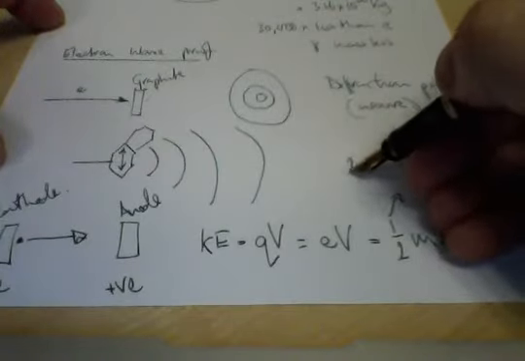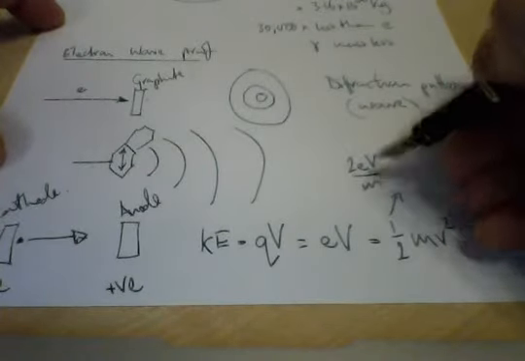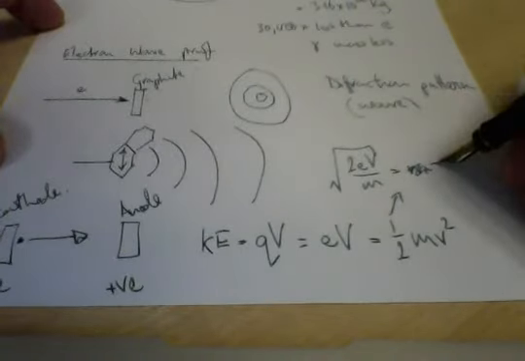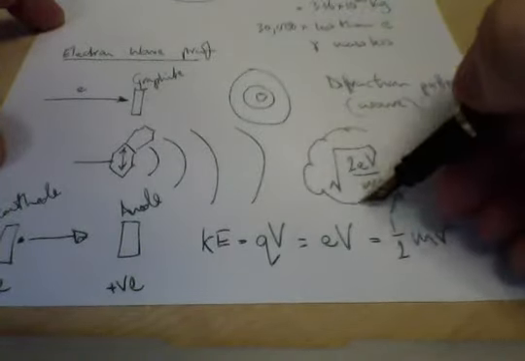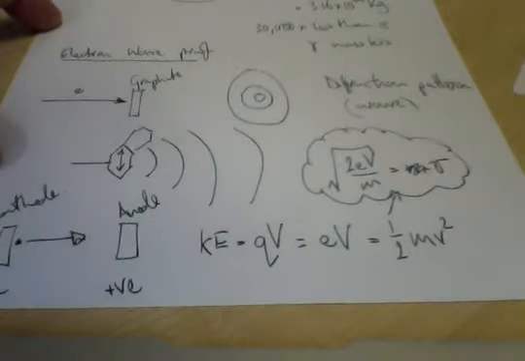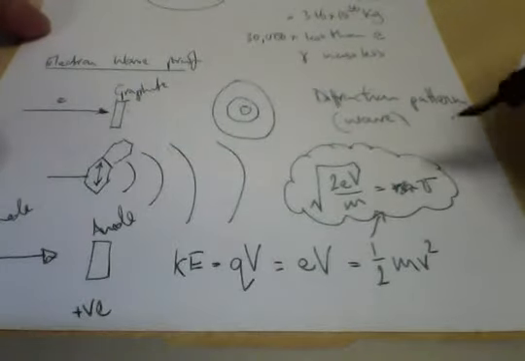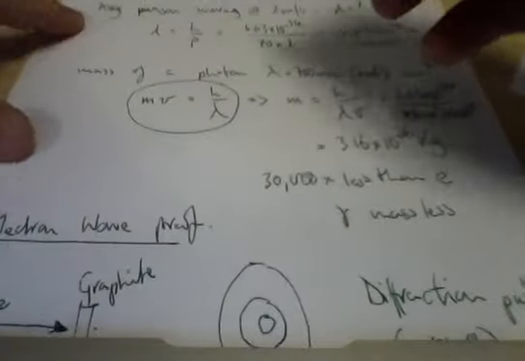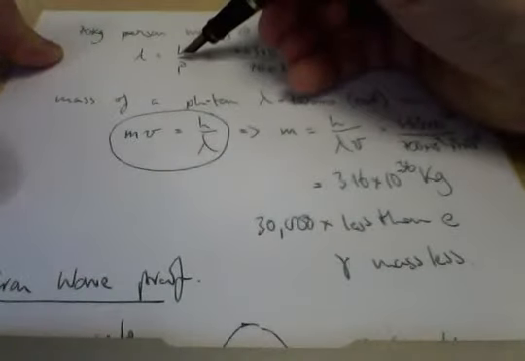In actual fact, if I rearrange this, the square root of 2eV over m gives me the velocity of the electron. In turn, from my velocity, I'll be able to work out the wavelength, like we did before.